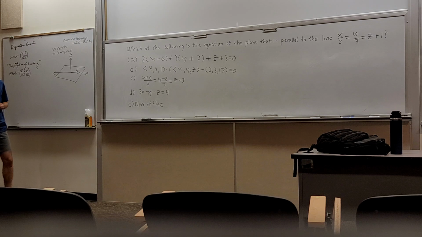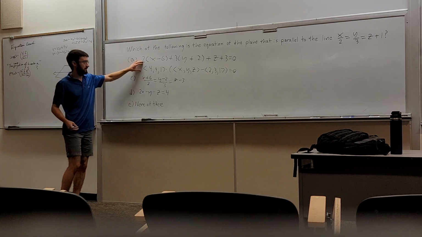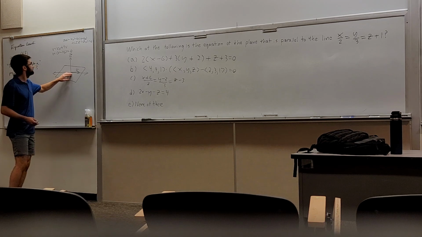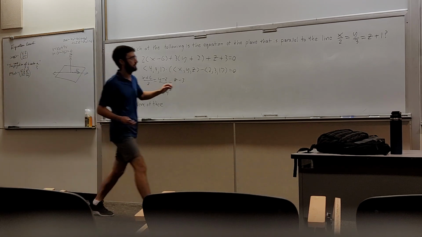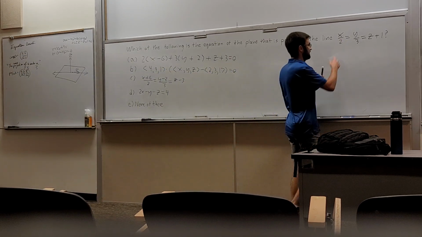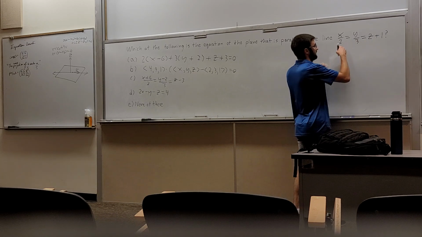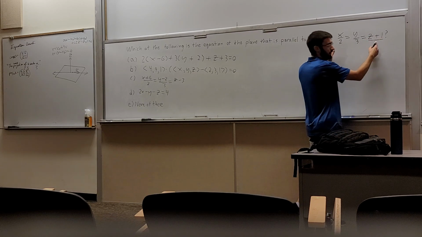Everyone sees that? So we'll always be able to identify the normal vector of these planes, and we know the directional vector of this line here. It's just what's in the denominator here: 2, 3, and then 1.